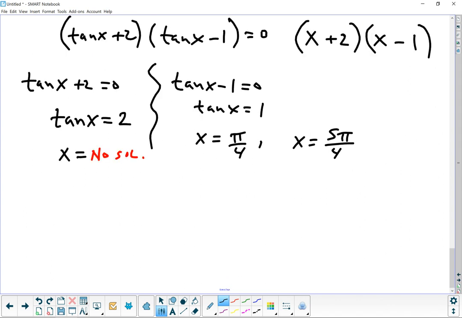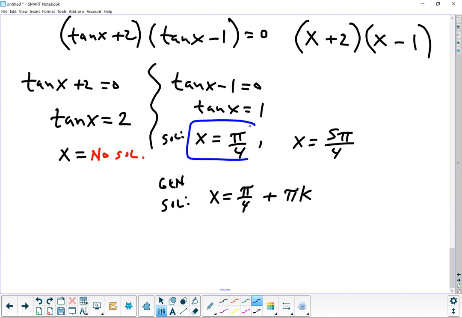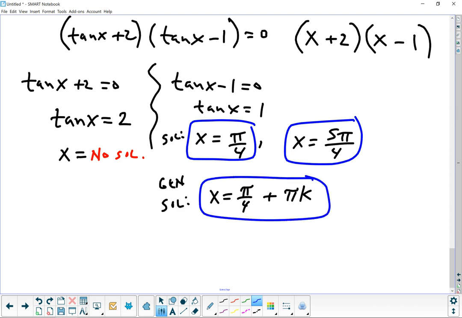Those are my solutions. My general solution is just x equals pi over 4, that first one, plus half a circle, so it's just plus pi k. Ideally, you only have 2 solutions, or as a general solution, you have 1 general solution.